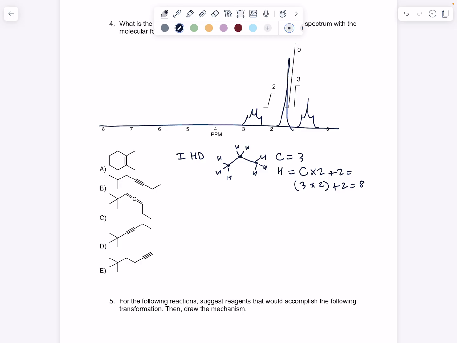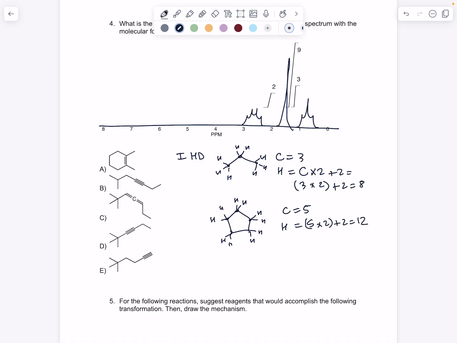But if we had a ring, we don't have those 2 end groups, so we only have 2 hydrogens for every carbon. So now we have our number of carbons equals 5. 1, 2, 3, 4, 5. So you would expect our number of hydrogens to equal 5 times 2 is 10 plus 2 equals 12.